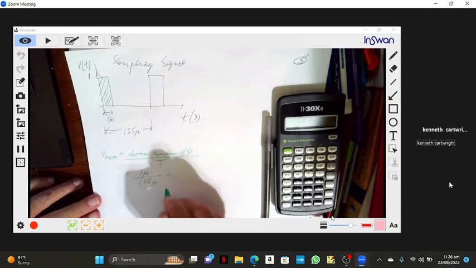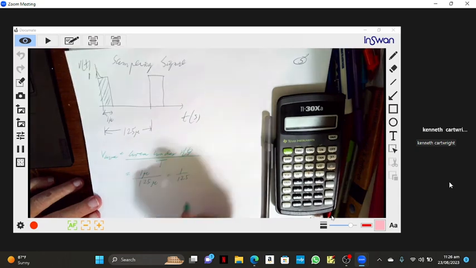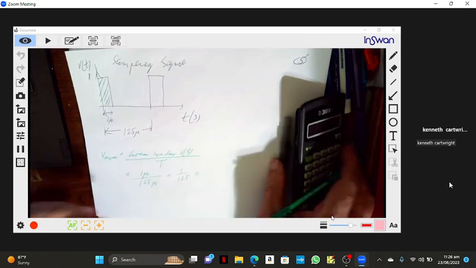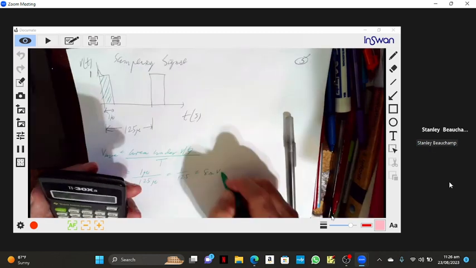So this is the average value: 1 over 125, which is 8 millivolts. I'm not close to 0. And again, this is 320.